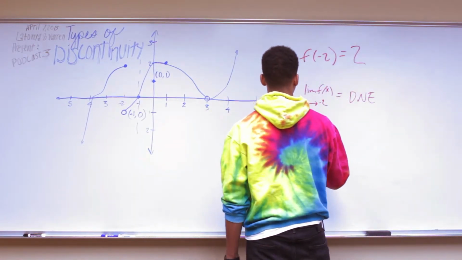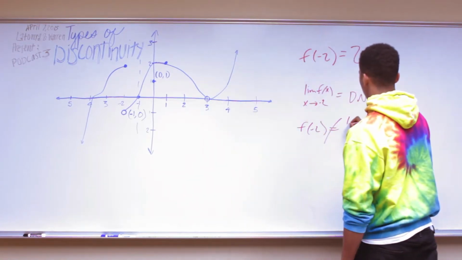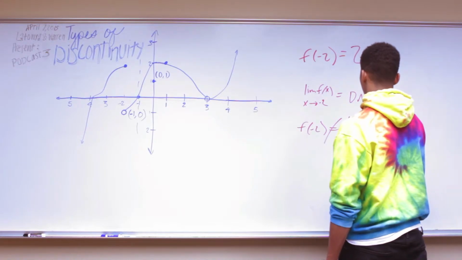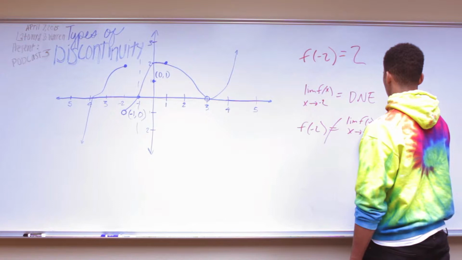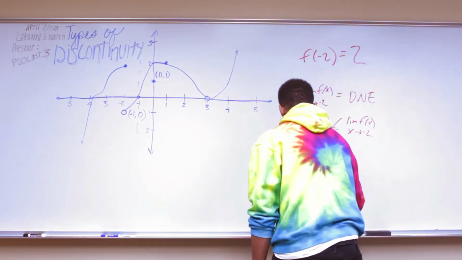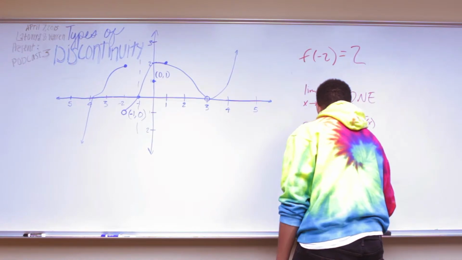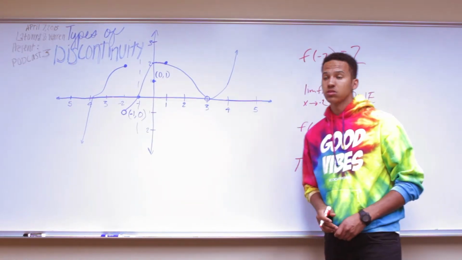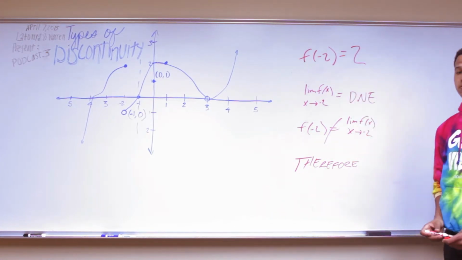The f of -2 does not equal the limit of f of x as x approaches -2. Therefore, the line is not continuous at x equals -2.